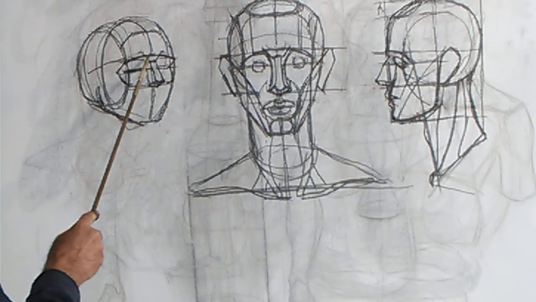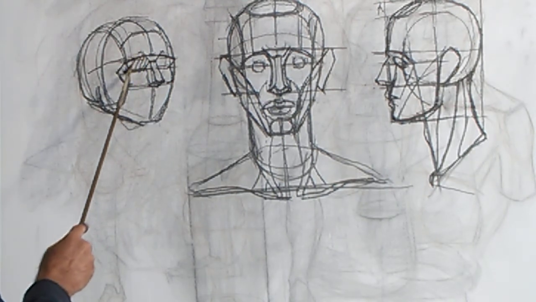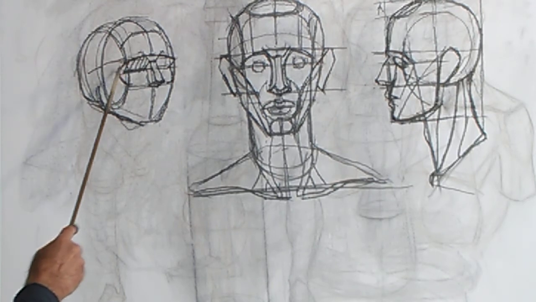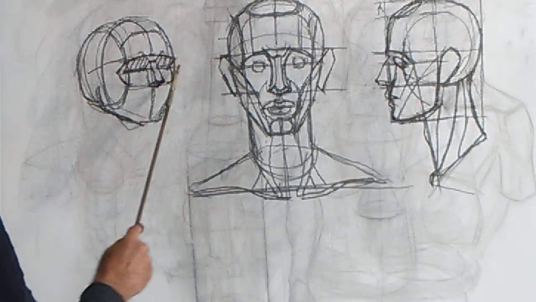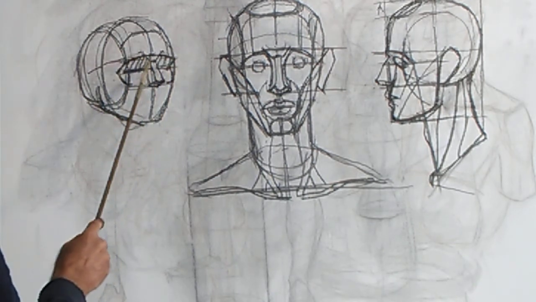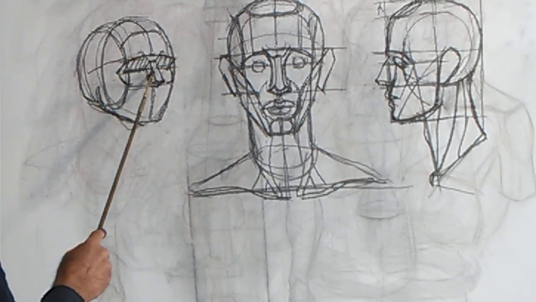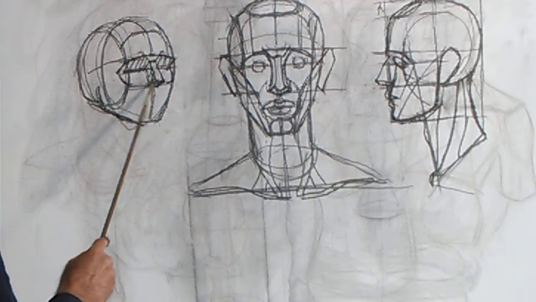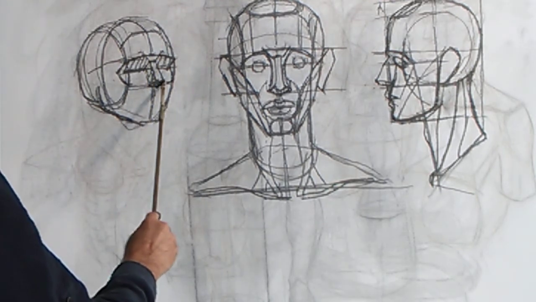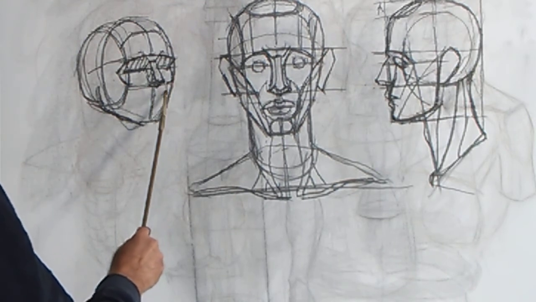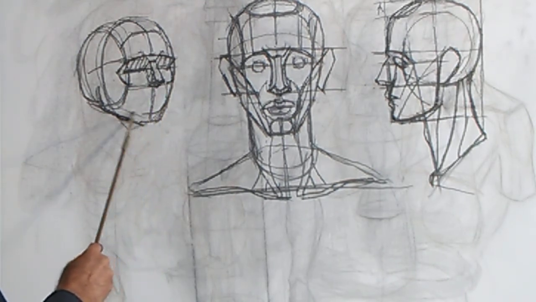So all I'm going to do is hatch in the feel of the structure, of the bone structure, just so that you get an idea of the strong curve that it makes in through here, and the side of the nose, and the underplane of the nose. Okay. So then what we're going to get is the feel of the curve moving through here.